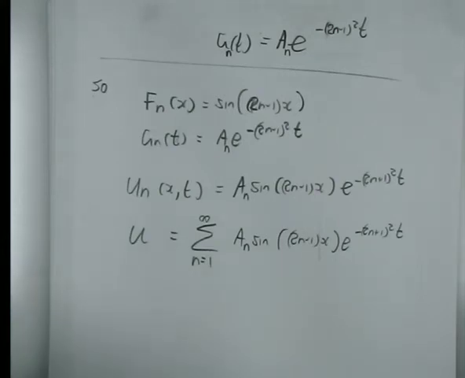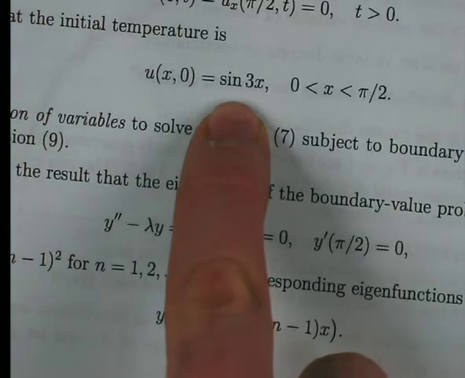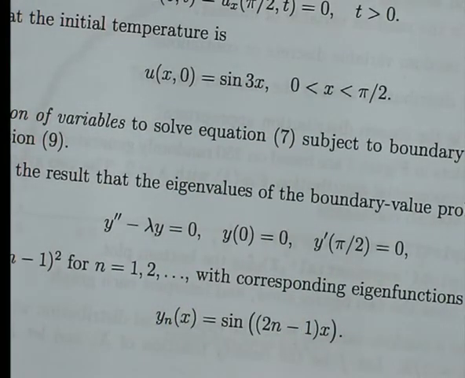Okay, well let's just go back now. There's one piece of information we have not yet used, and it's there: u of x, 0 is sine 3x. So that tells me that when I sub t equals 0 in, the formula comes out to sine 3x.